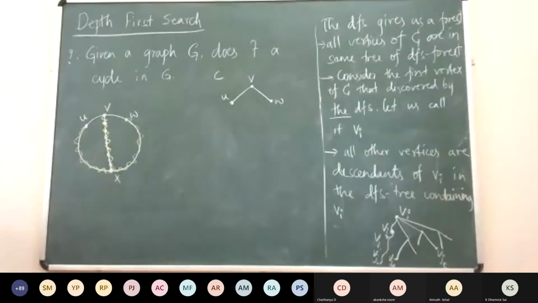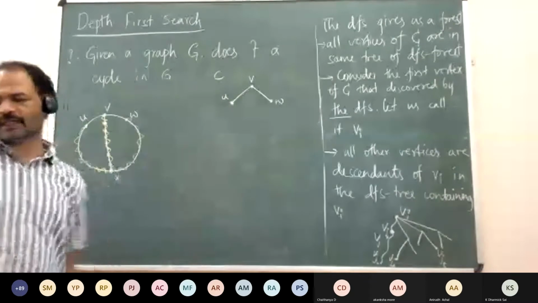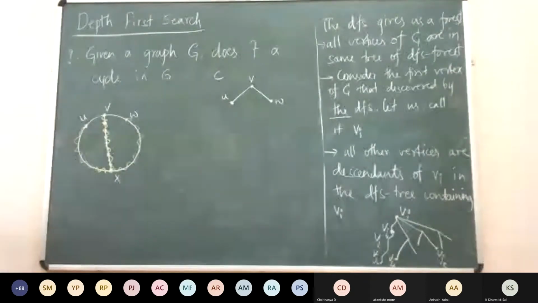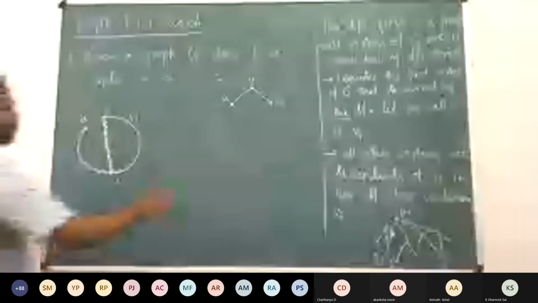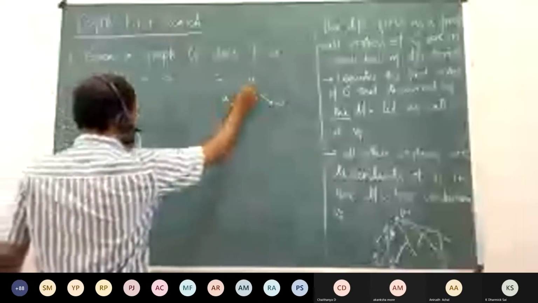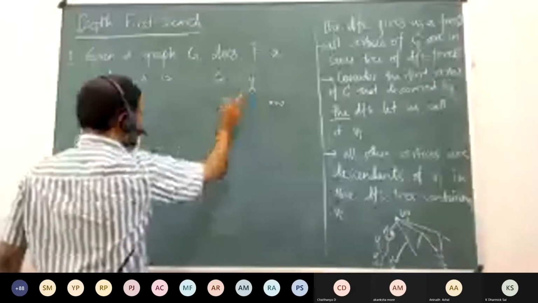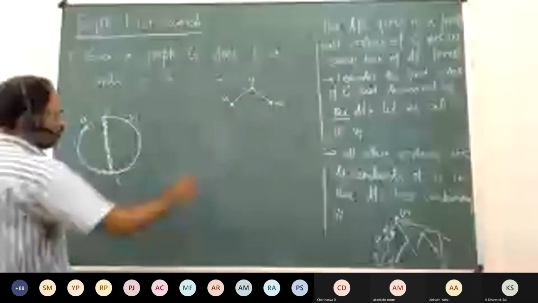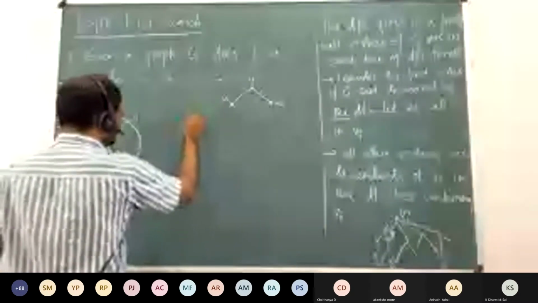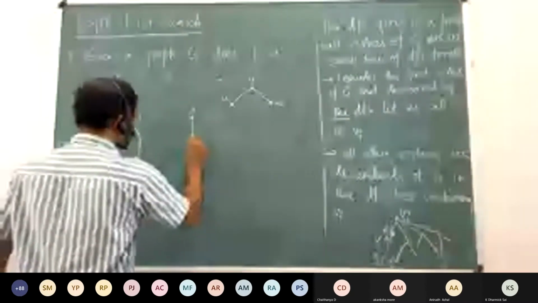Now assume by contradiction that all the edges of the cycle are tree edges. There is no non-tree edge in the graph. Then what does that mean? It means that once we come to V, VU is a tree edge. So after seeing V, the DFS will see U after some point.